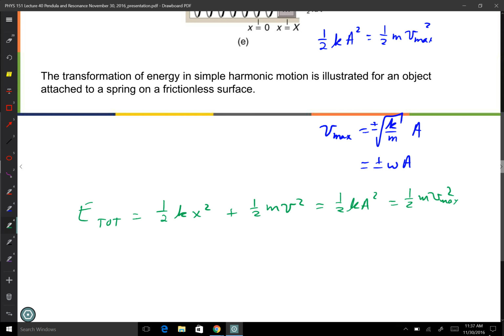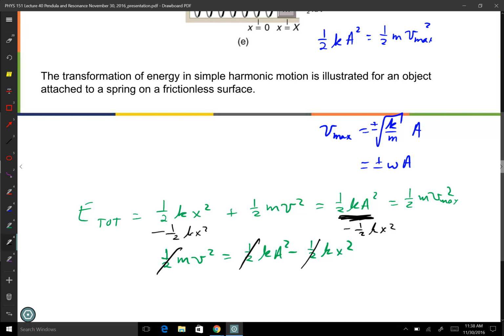So if I want to solve this for the speed at any position, all I did there was take this term, the 1/2 mv squared, and then I subtracted 1/2 kx squared, and then multiply everything by 2, because you would be writing more than you need to if you keep the 1/2s there.